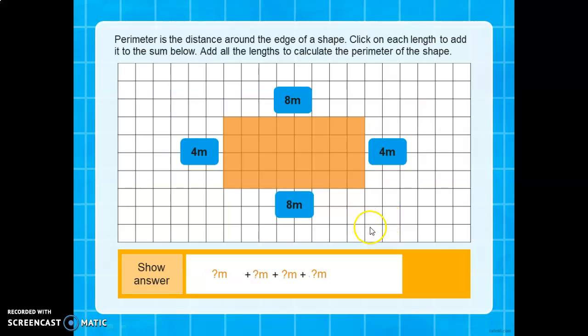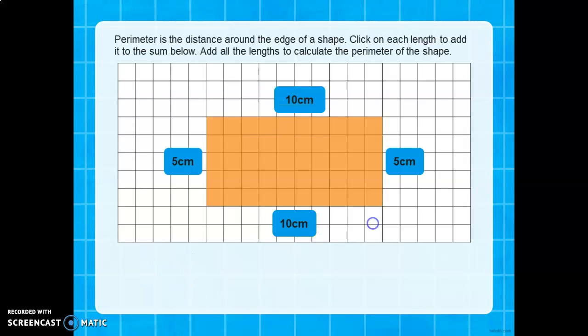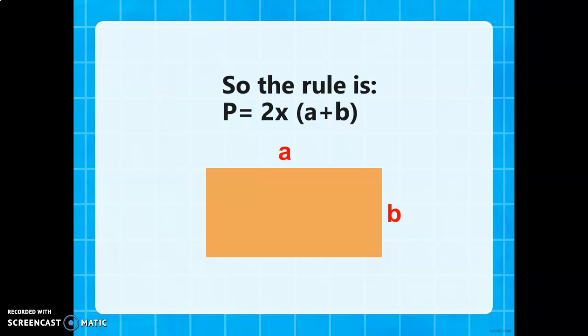Can we do this using the new rule? It's about this. Okay, so the rule is P, which is the perimeter of a rectangle, equals 2 multiplied by A, which is one side, plus B, which is the other side.